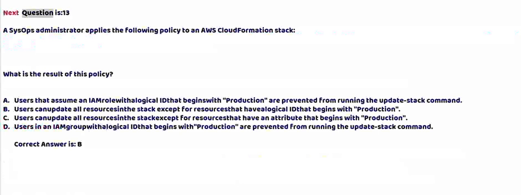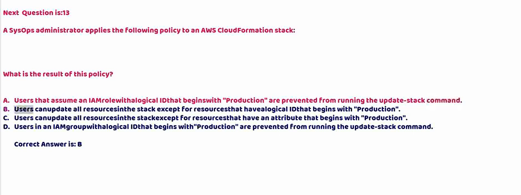Next question is 13. A SysOps administrator applies the following policy to an AWS CloudFormation stack. What is the result of this policy? A. Users that assume an IAM role with a logical ID that begins with production are prevented from running the update stack command.